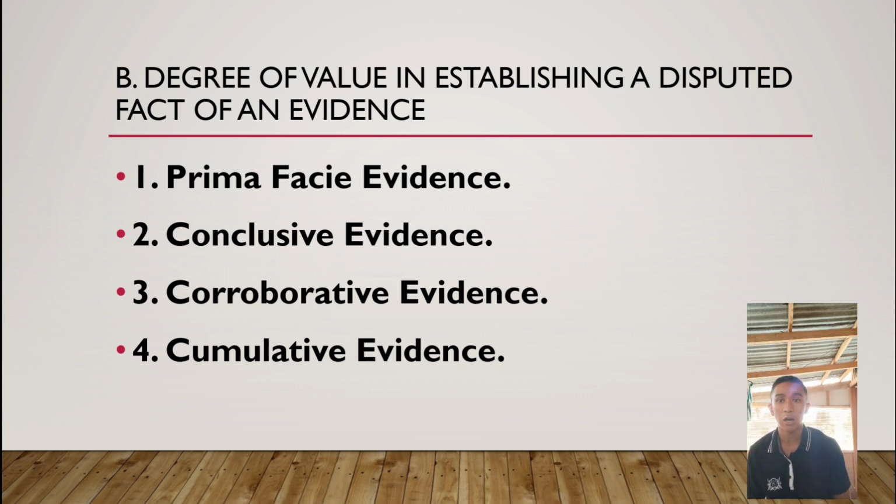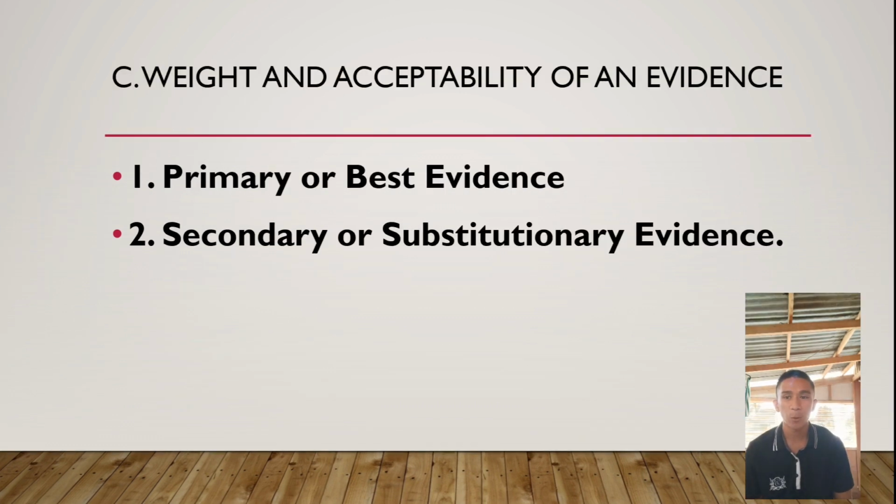This evidence is of a different kind or character from that already given and tends to prove the same proposition. The fourth is cumulative evidence. This evidence is of the same kind or character as that already given and tends to prove the same proposition.